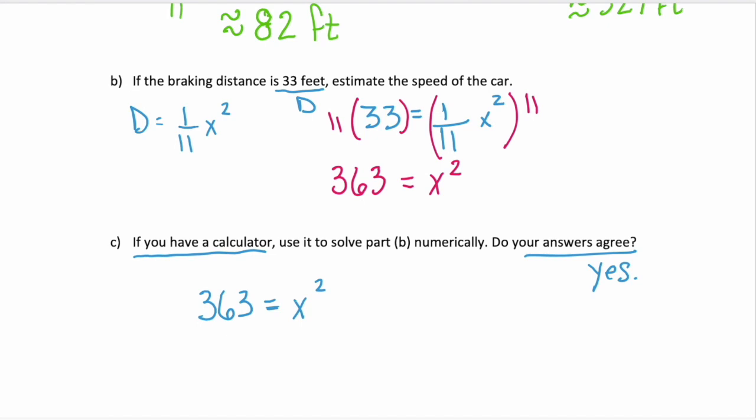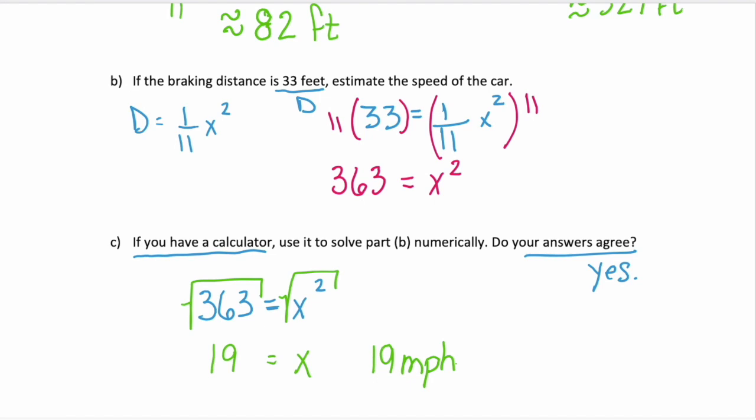And with a calculator, in order to solve for x, you need to take the square root of both sides. Doing that, you take the square root of x squared, you're left with x. And the square root of 363 is 19. Or we know 19 miles per hour because x is measured in miles per hour.